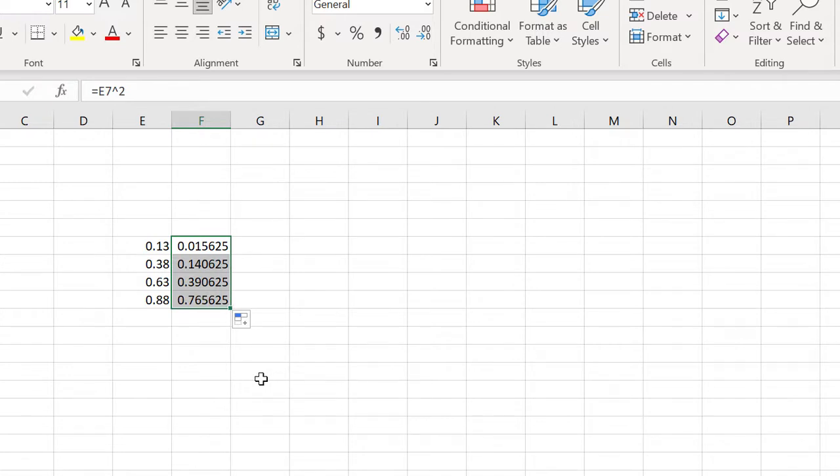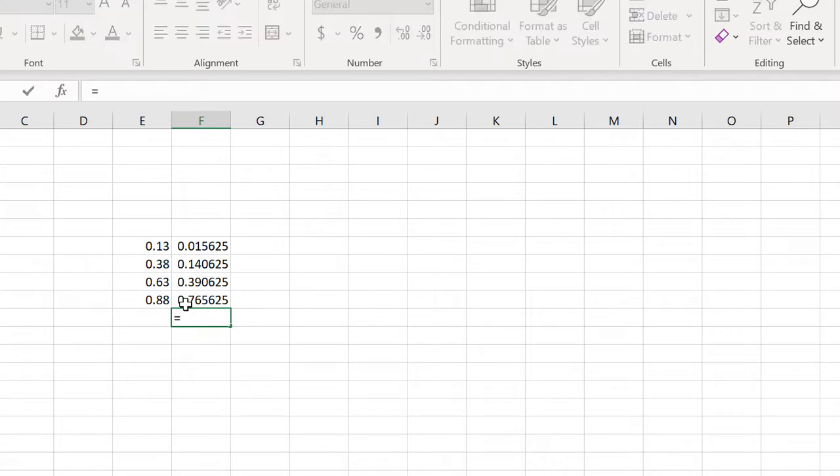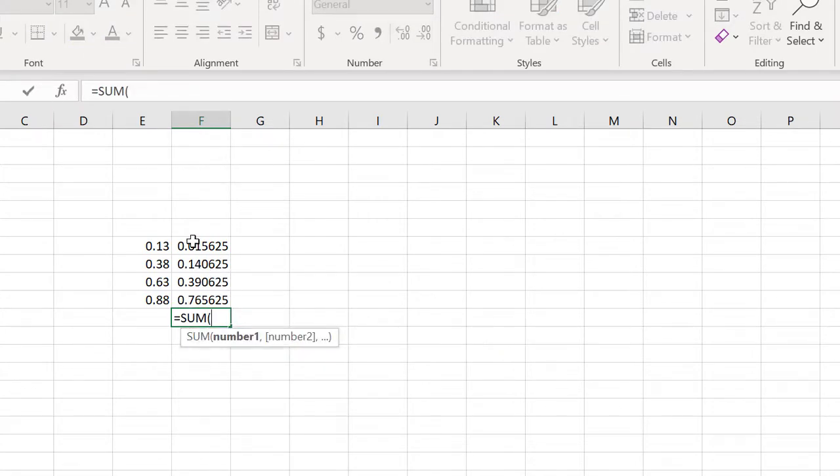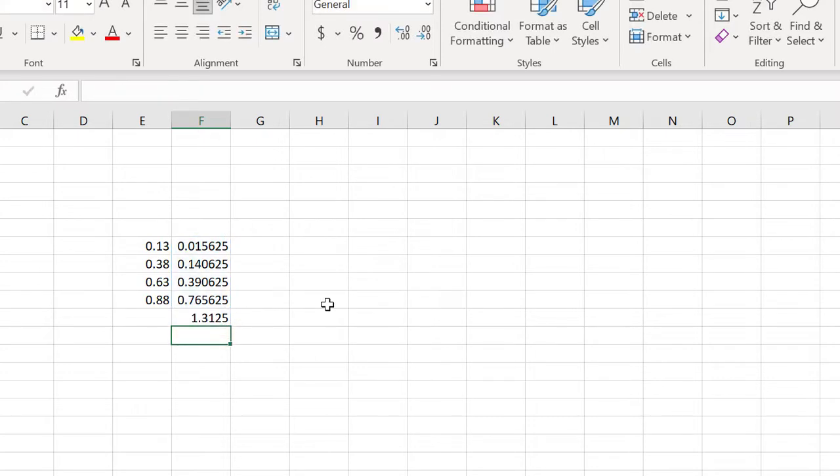Okay, so then we can add those up. This is equal to the sum of F7 to F10. There we go.